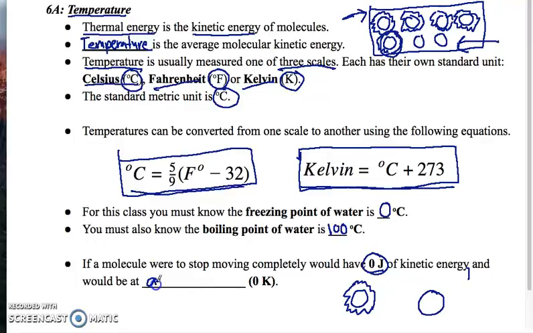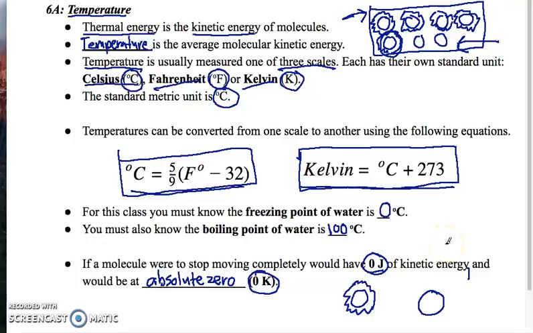So we'd say it would be at absolute 0. And that would be measured on the Kelvin scale. If you could get rid of all the kinetic energy, so it wouldn't have any thermal energy, you'd say it's at absolute 0. It's very hard to do. That's not something you'd normally see, but that could happen if you removed all of the energy.